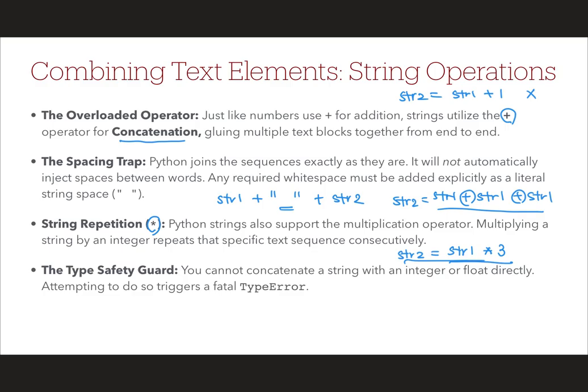So this is a correct expression. But as I said, you cannot add an integer or float number to a character string in Python, and in that case, it will produce this type error message. You cannot multiply a float number by a character string, but you can multiply an integer value by a character string, and that means you are concatenating that character string this number of times.